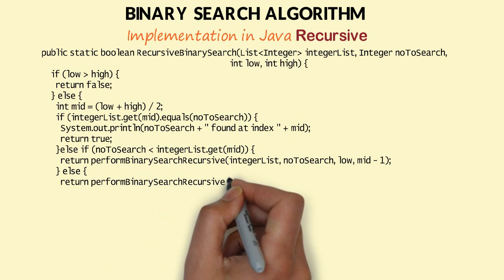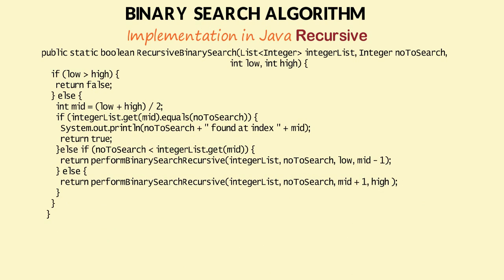However, if low is not greater than high and the algorithm is continuing, then recursive algorithm works by doing the same mid determination, finding out whether mid is less than the number to be found, equal to the number to be found, else greater than the number to be found. So those three conditions are still checked.